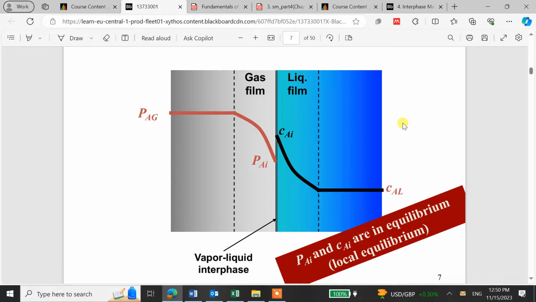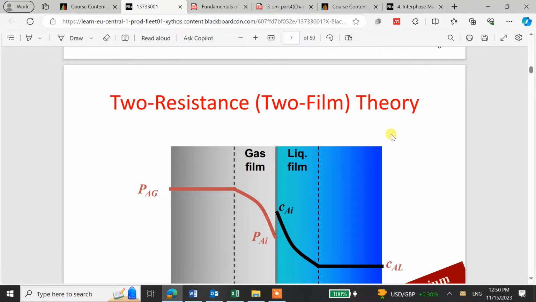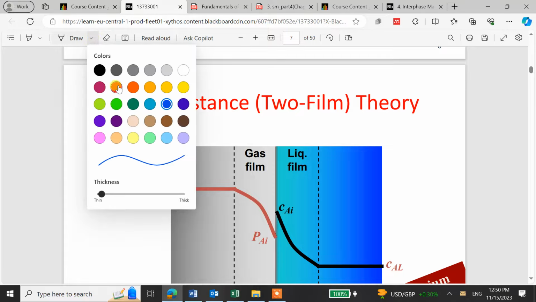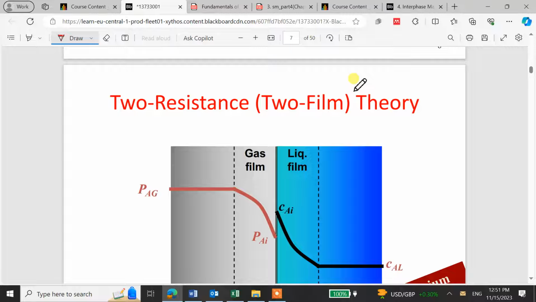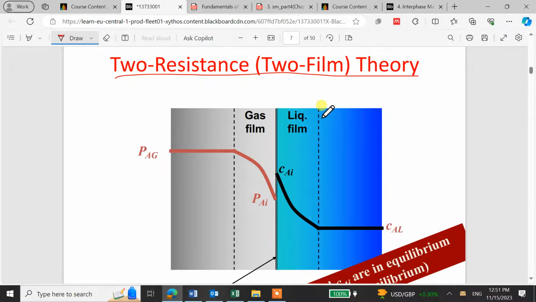So I'm going to discuss with you this chapter 29, which is basically two resistance theory. This is gas and liquid, right? So we have gas, this is called bulk, and this is the liquid.